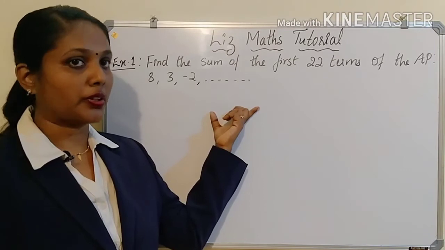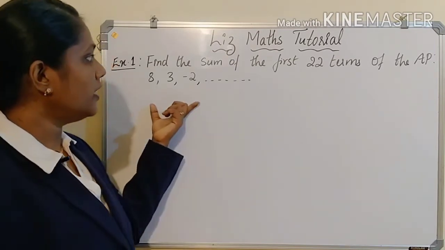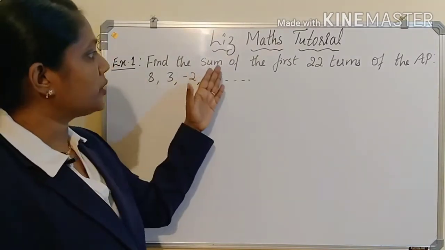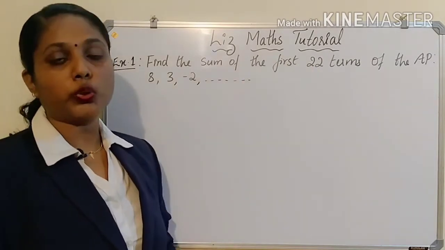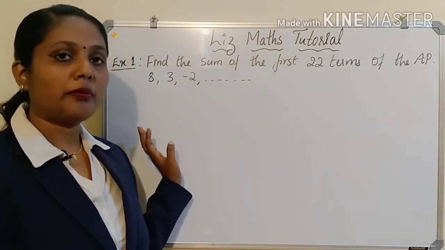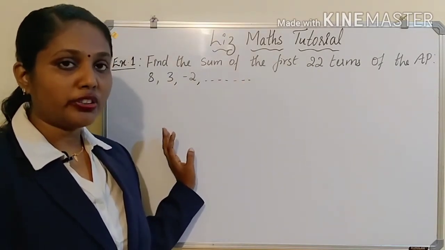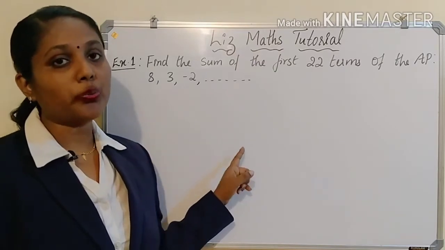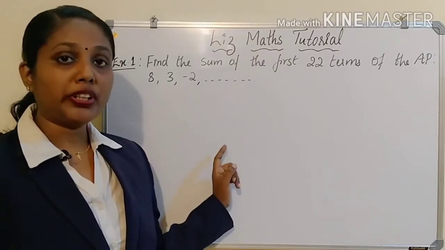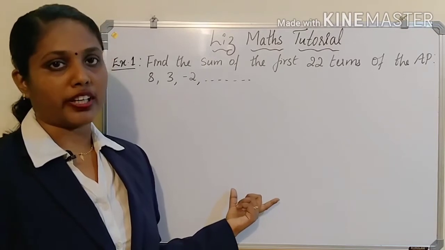I hope you understood. So here n is equal to 22. That means the number of terms you are going to add is n equal to 22.